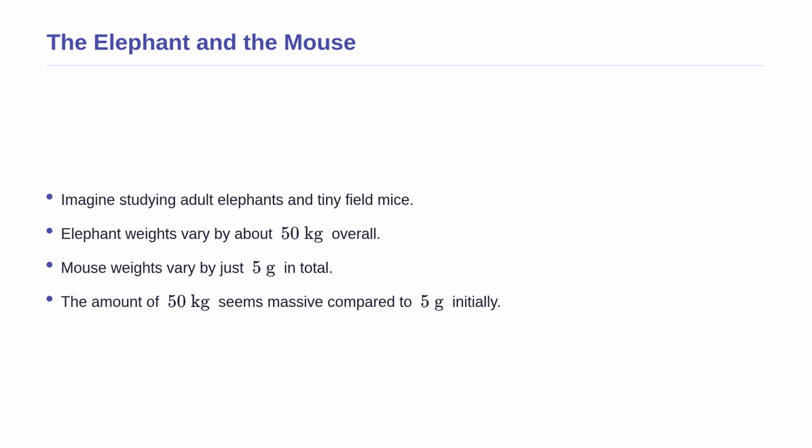If you only look at the raw numbers, 50 kilograms seems like a massive variation compared to a mere 5 grams. But is it really? An elephant weighs thousands of kilograms, so a 50-kilogram difference is actually a tiny fraction of its total body weight.